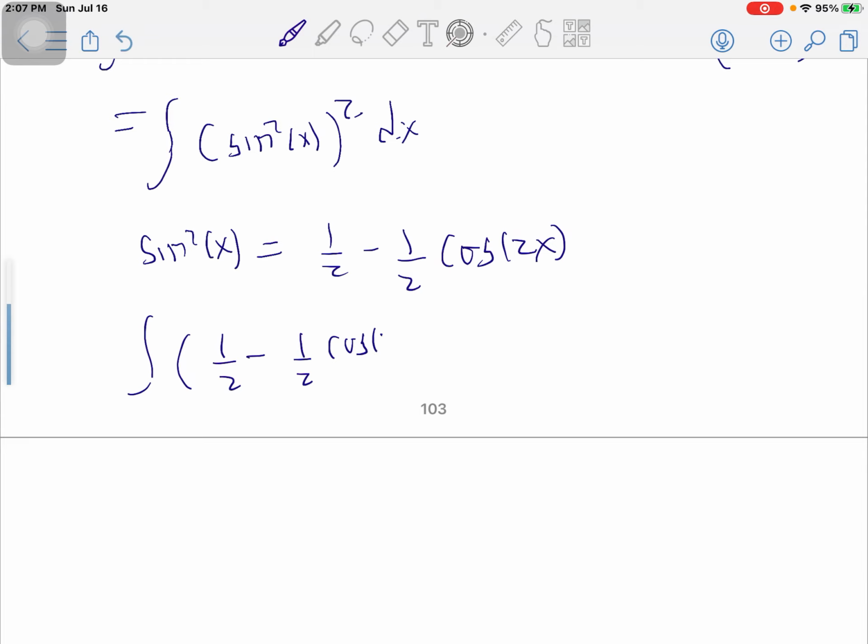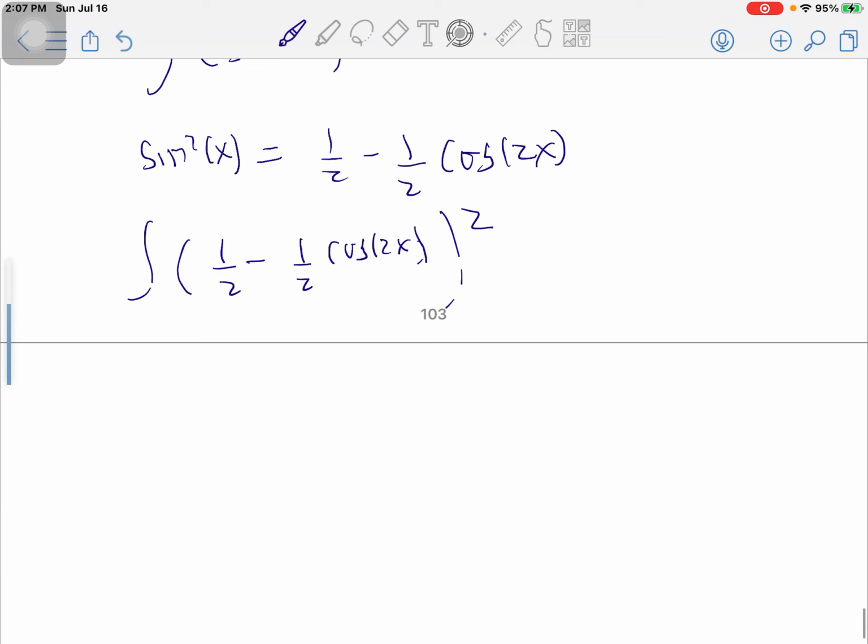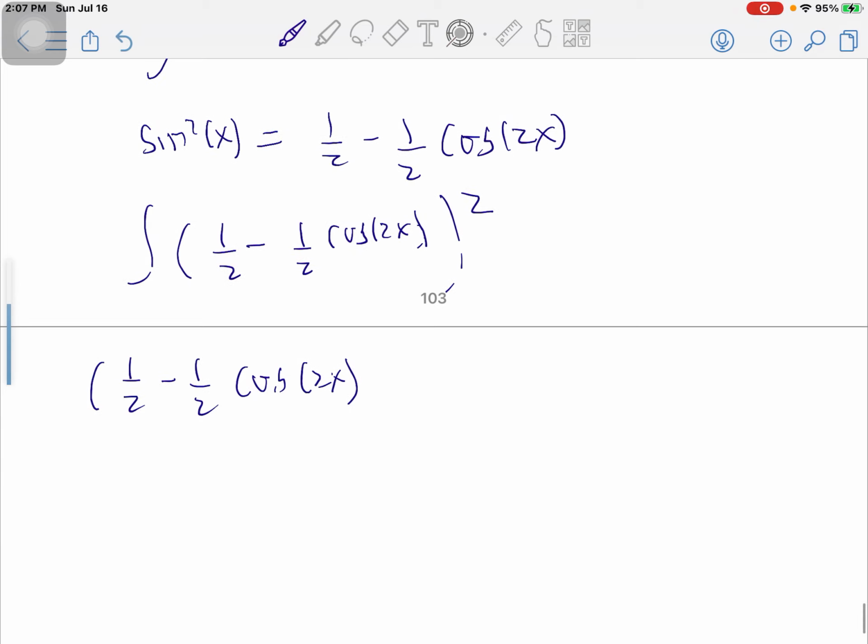When we substitute it inside, we are going to get the integral of 1 over 2 minus 1 over 2 cos 2x, and don't forget that it's all power 2. So you just simplify it by multiplying 1 over 2 minus 1 over 2 cos 2x by another 1 over 2 minus 1 over 2 cos 2x.